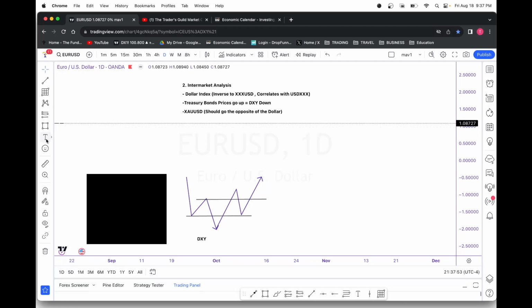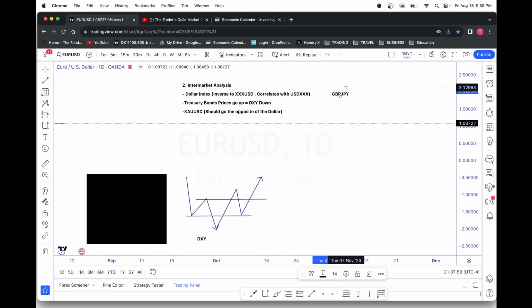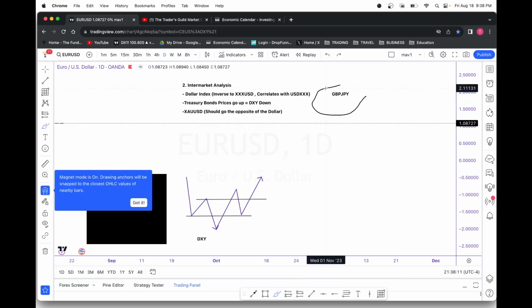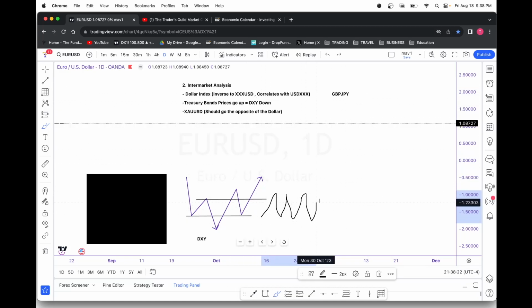Maybe if I traded GBP JPY, for example, well, now there's no dollar in this pair, right? But at the end of the day, the side note that I will throw in on this tangent is that typically these types of pairs that don't include the dollar, except JPY, which tends to be very strong regardless, in general, cross pairs tend to be stronger when the dollar is consolidating.